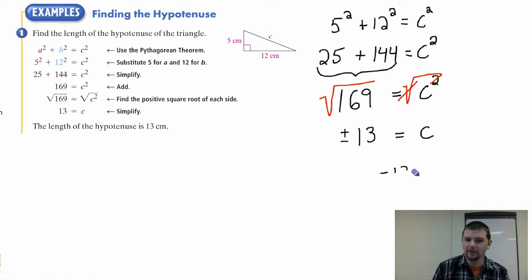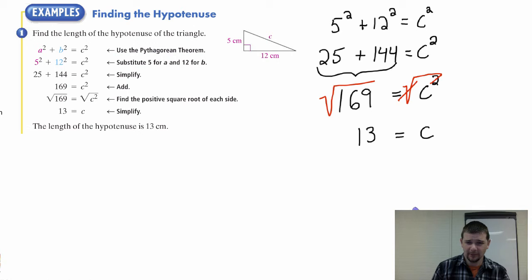However, only one of those two square roots makes sense in this problem. Only the positive square root will be used to represent a distance or the length of side C. So 13, sometimes that's called the principal square root. We know there are two, but often we only need to use the principal square root or the positive square root.